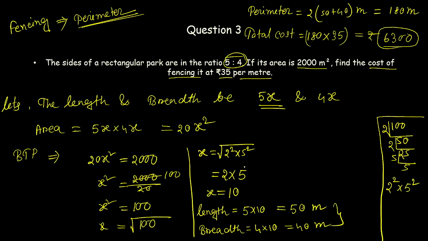For finding the total cost, we multiplied the perimeter, that was 180, by the per meter cost, right? Now we know the total cost. If we divide the total cost by the per meter cost, we will find the perimeter. The total cost divided by 35, 35 will come here and change its side, so divide, and we will get the perimeter, right?